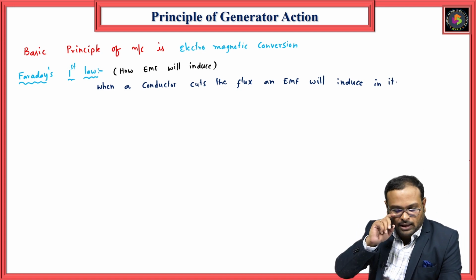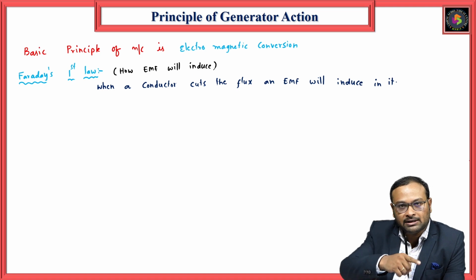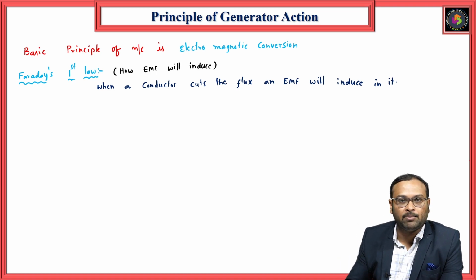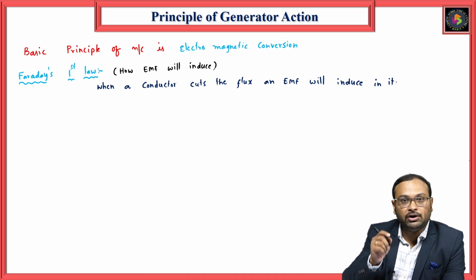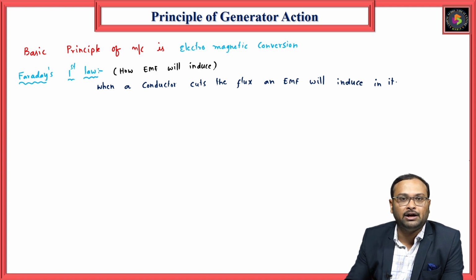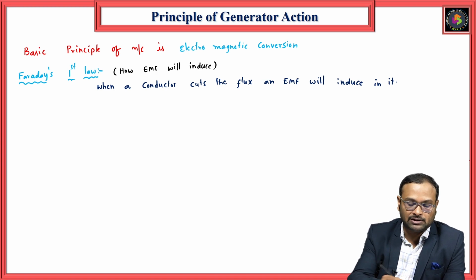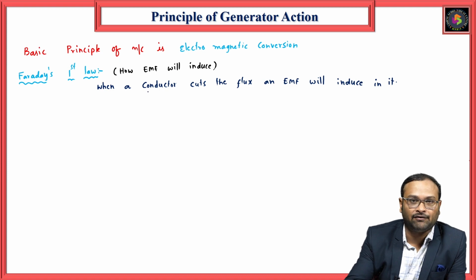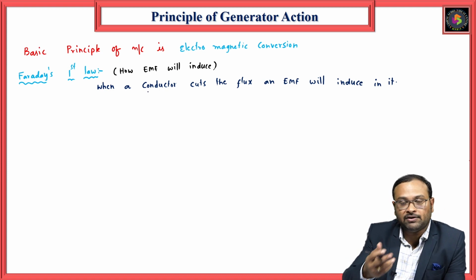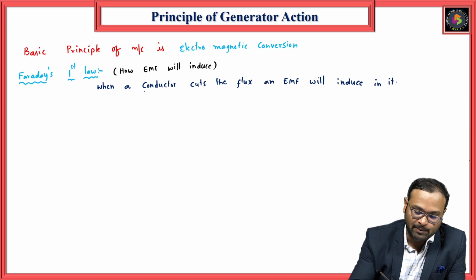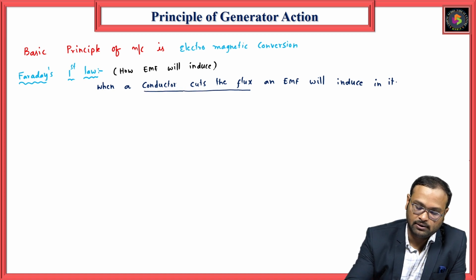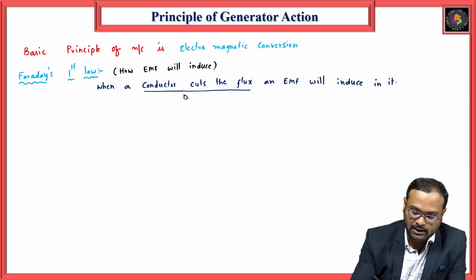Here the conductor is in action. The conductor is cutting the flux, and then it is inducing the EMF. That is why we say the EMF induced in this process is dynamically induced EMF. In a generator, if the conductor is cutting the flux and EMF is induced, it is known as dynamically induced EMF.